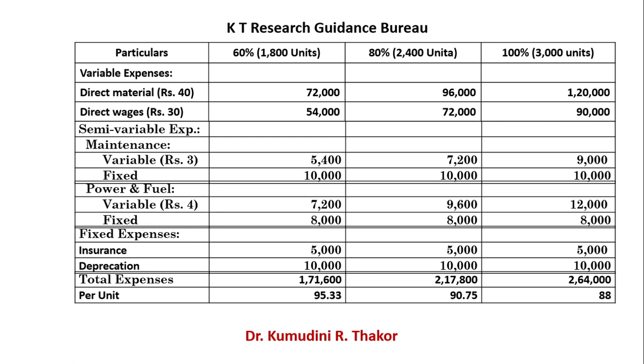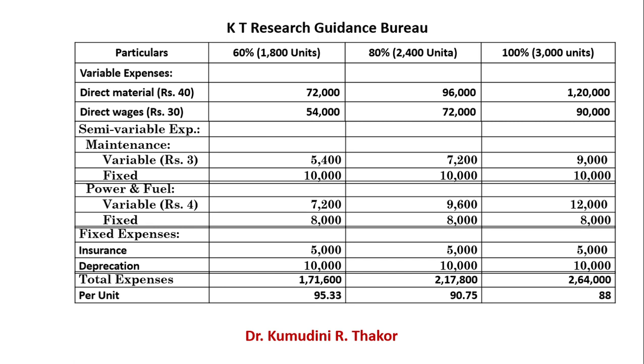In this example also you can check, if you utilize 60% capacity, then it is more than 95 rupees. For 80%, it is 90.75, means below that of 60%. And at 100%, it is only 88.